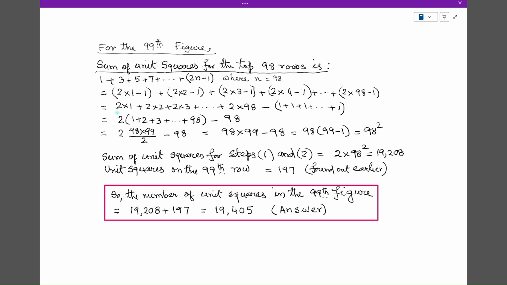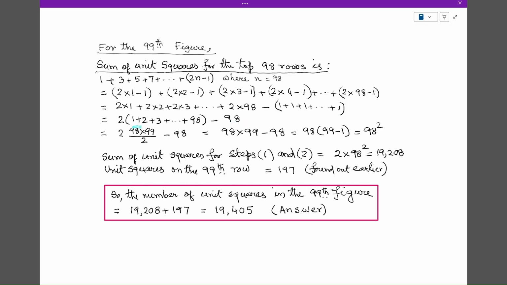So the first part here can be written down as, if you take 2 common for all the terms, we get 2 multiplied by 1 plus 2 plus 3 up to 98, and this term is 98.